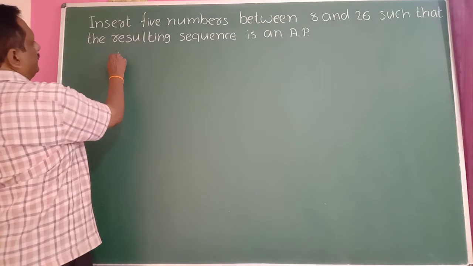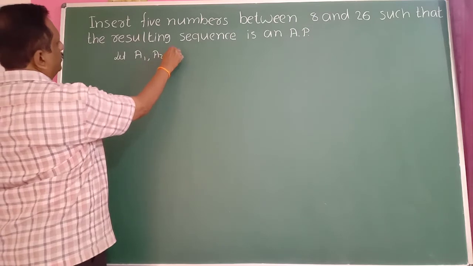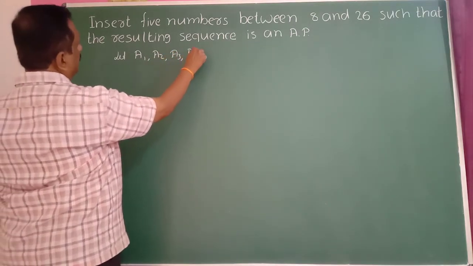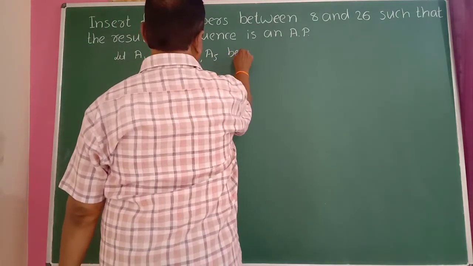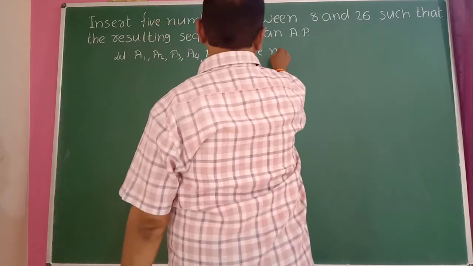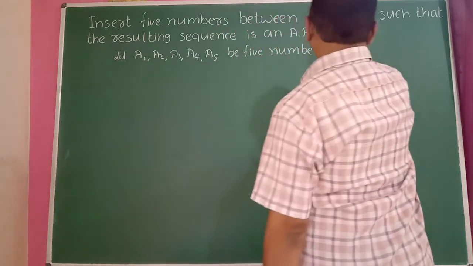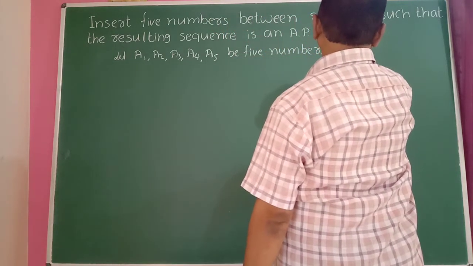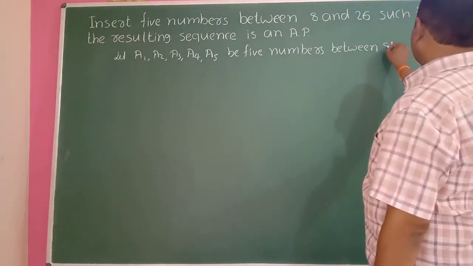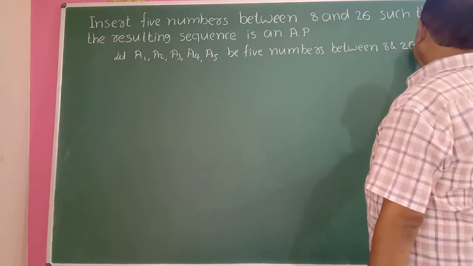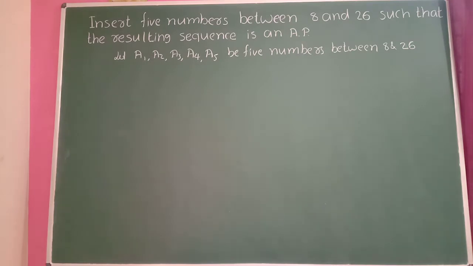Therefore let A1, A2, A3, A4, A5 be 5 numbers between 8 and 26. These are the 5 numbers between 8 and 26.